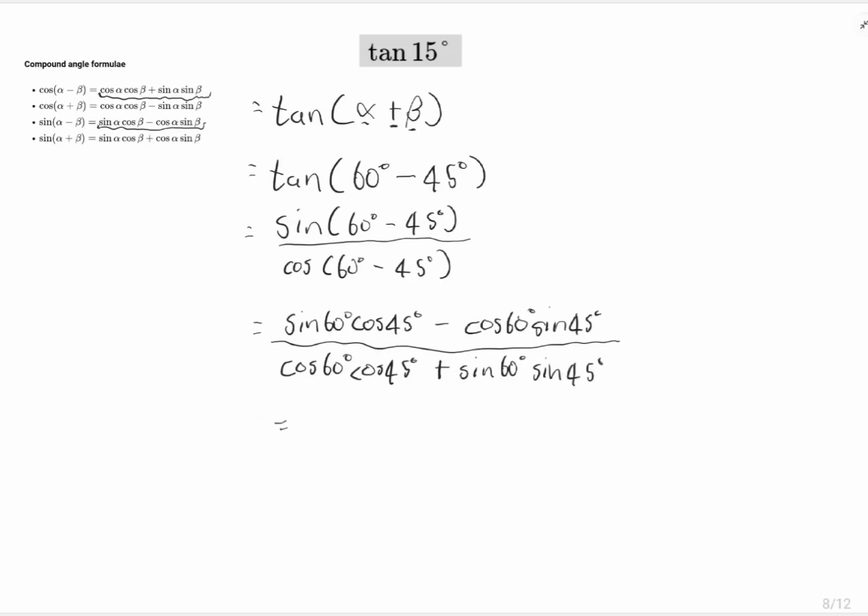And let us see. Now we've got them all to be special angles like we wanted, right?